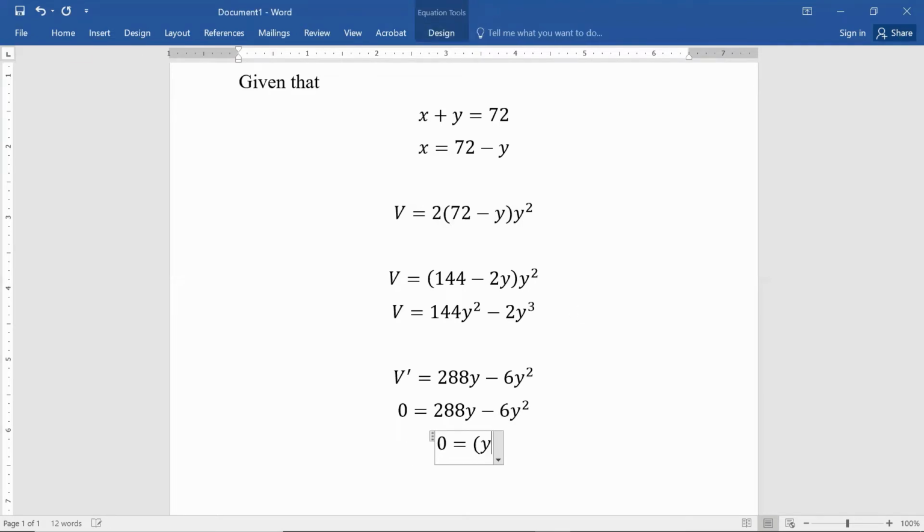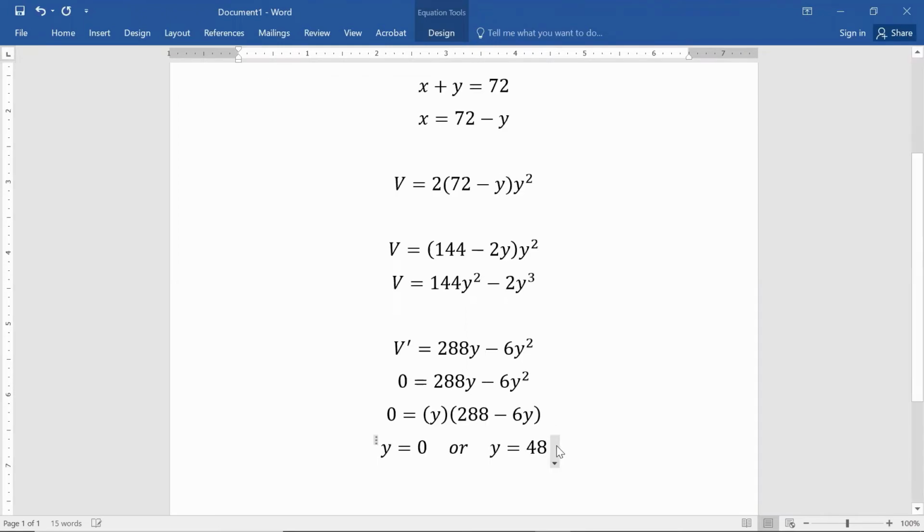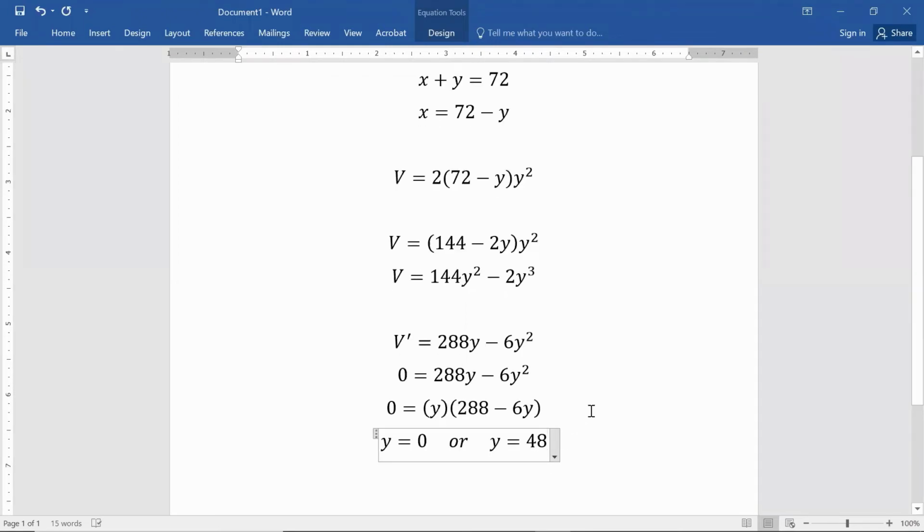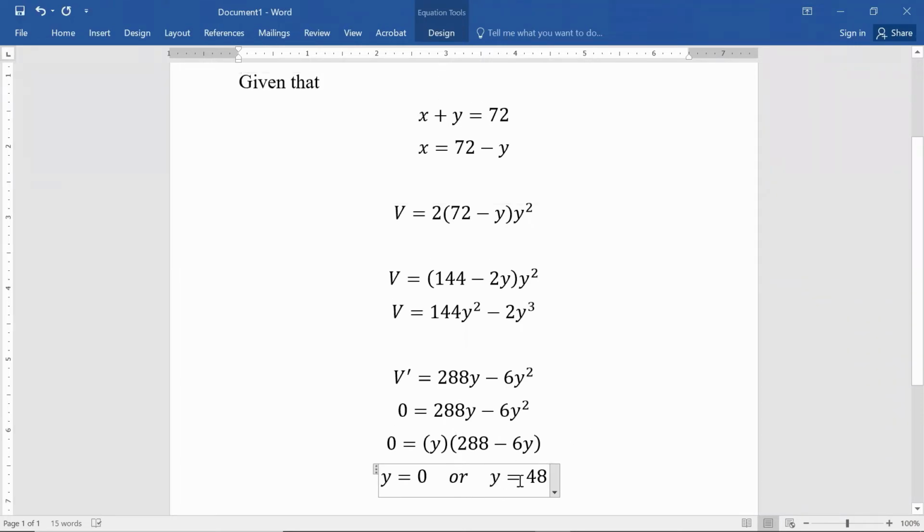0 equals y multiplied times 288 minus 6y. In my case, this means either y could be equal to 0, or when you set 288 minus 6y equal to 0, you get y equals 48. I won't go through solving that because that should be fairly straightforward.